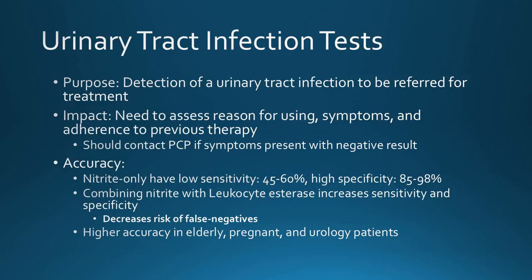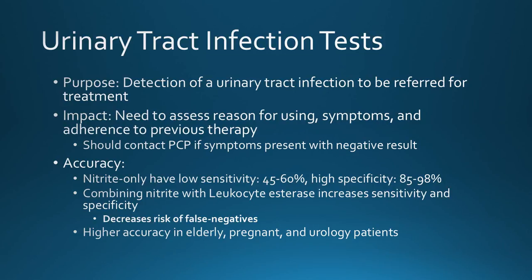Your nitrite-only tests or your UTI bladder tests have a low sensitivity, so they're not really going to detect a positive test, but they have a high specificity, and so that means they're really good at telling you that you don't have a UTI. When you combine that nitrite detection with leukocyte esterase detection, which is a common marker of a UTI, it increases the sensitivity and specificity, which decreases your risk of false negative.